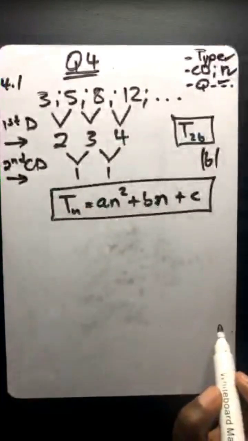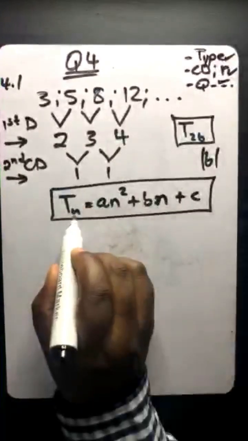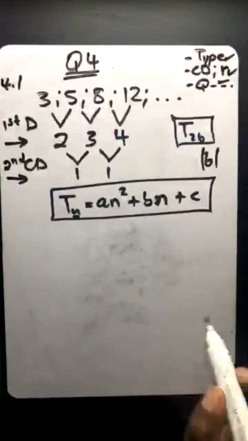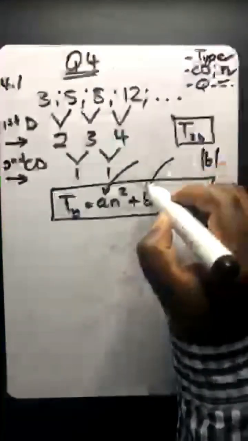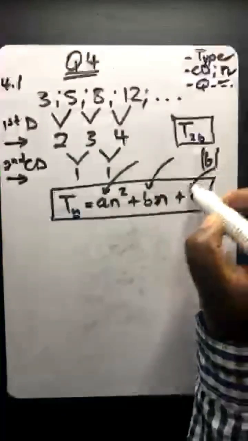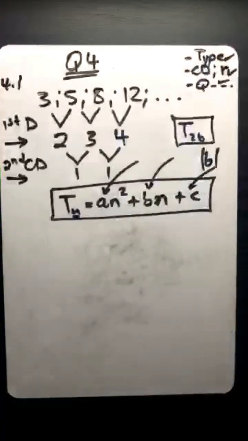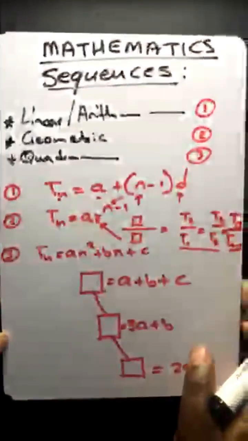What they want you to calculate is actually term number 26, but you can't calculate it without knowing the A value, the B value, and the C value. That is why you will need to calculate the A, B, and C values.